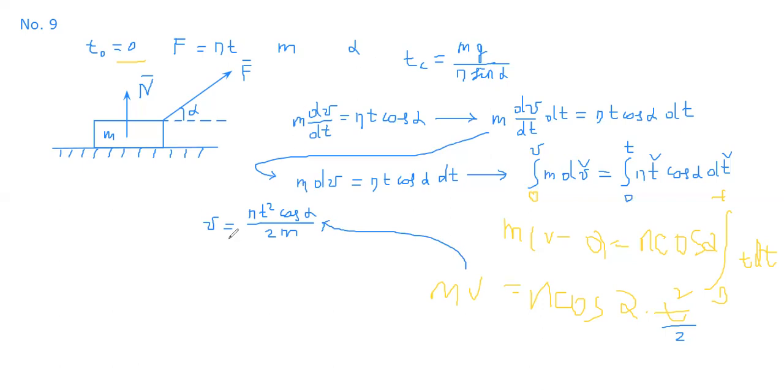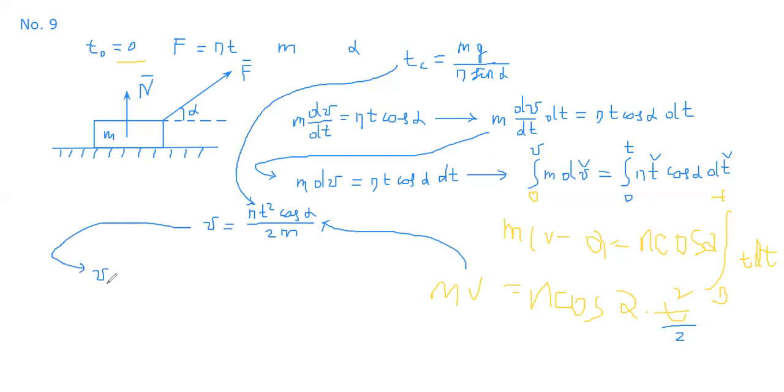To make substitution, we want to find the velocity at the end of the movement along the surface, or at the end of the sliding along the surface. So it is necessary to substitute this time here.